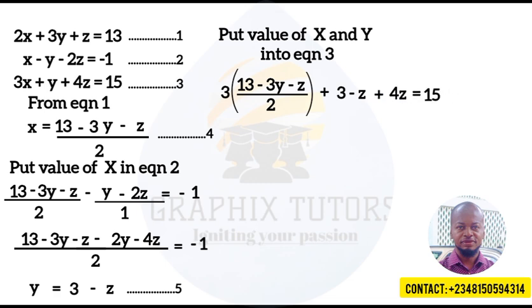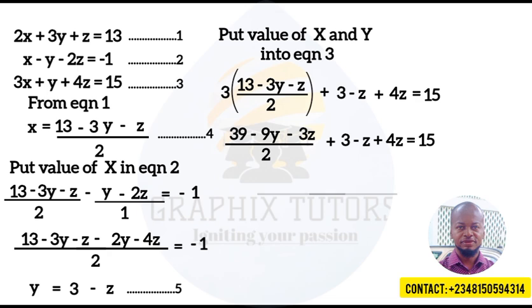So now we'll now expand. 3 times 13 will give us 39, minus 3 times 3y will give us 9y, minus 3 times z will give us what? 3z, all over 2, because they have the common denominator, plus 3 minus z plus 4z equals to 15, right? So we'll do the same thing. We want them to have the same LCM.